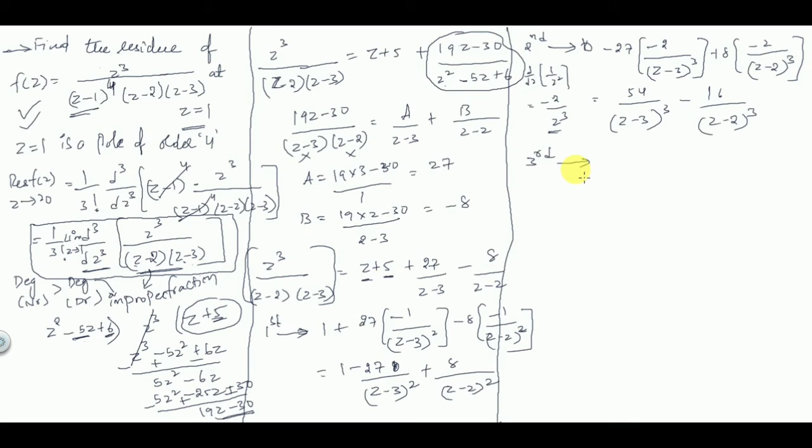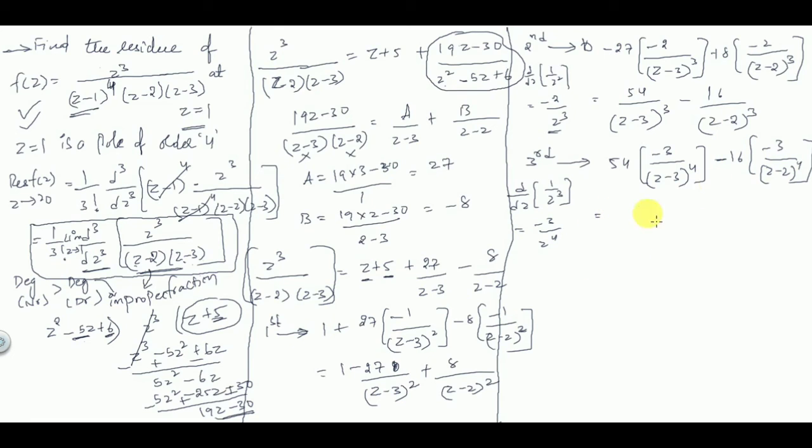Differentiating for the third time, d by dz of 1 by z cube is minus 3 by z to the power of 4. So 54 into minus 3 by z minus 3 whole to the power of 4, minus 16 into minus 3 by z minus 2 whole to the power of 4.